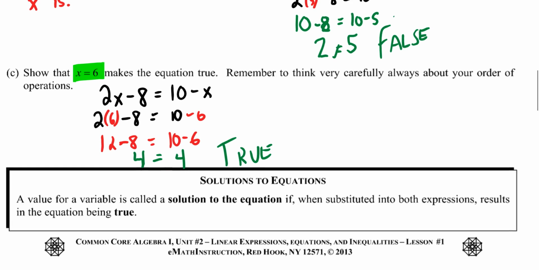True. X equals 6. Do you know what this means? The answer is 6. What else does it mean? It's true. What else does it mean? X equals 6. It also means that Salim now knows how to do all these. So good news, we don't have to do them.